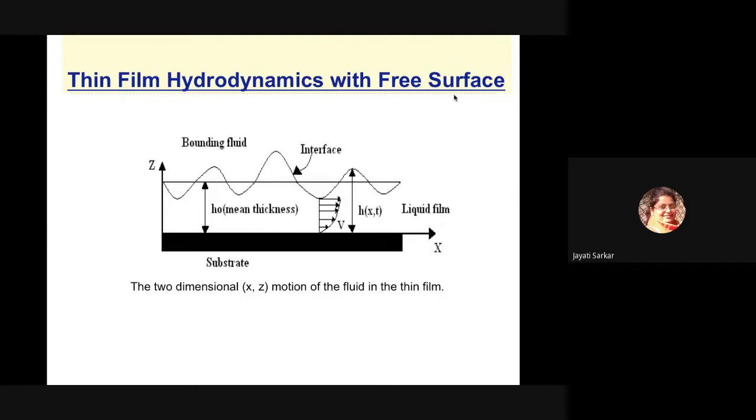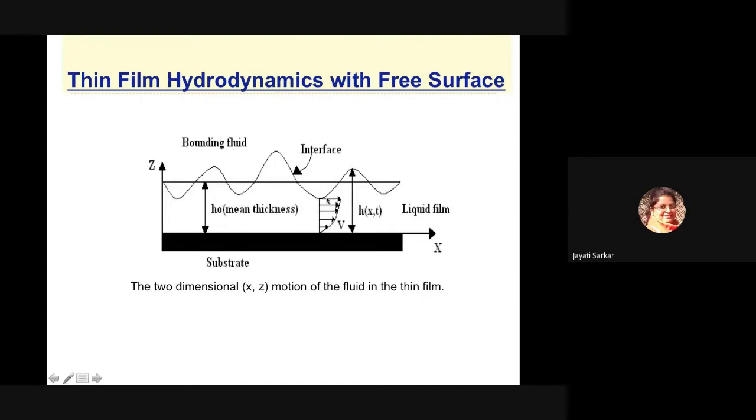In this case, it is cast like a thin film, like a coating, like a paint, right? This is exactly what happens. There is a substrate on which you apply a coating of the film. There is a bounding fluid on top of this liquid film, and there is an interface that is created. This is the interface that has been magnified over here and shown.